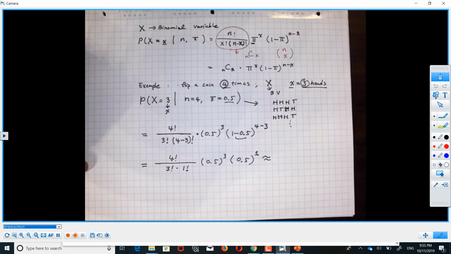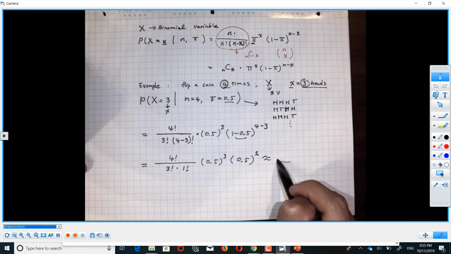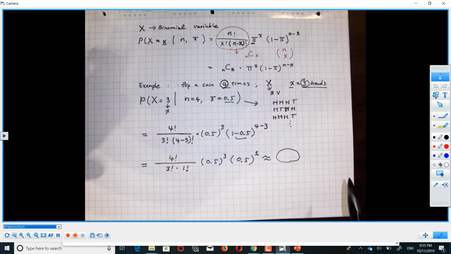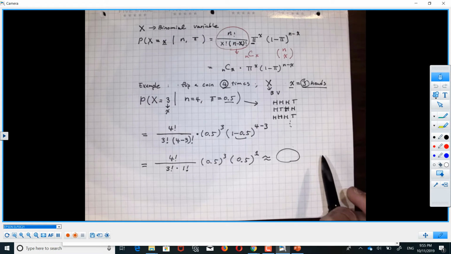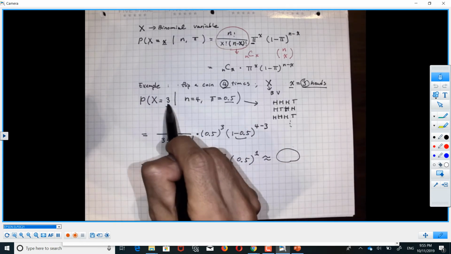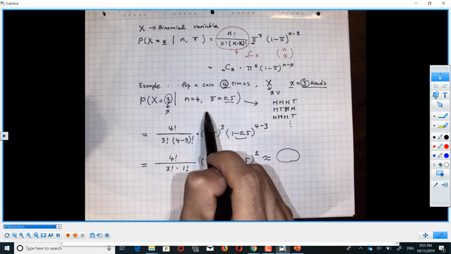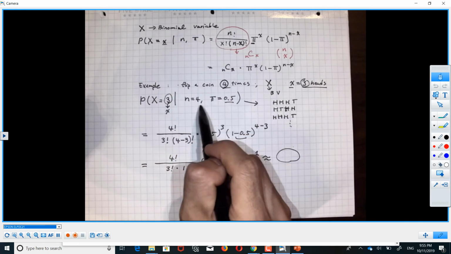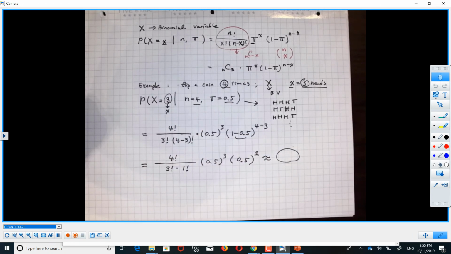If you use a calculator, you can find the probability of having 3 heads when you flip a coin 4 times.